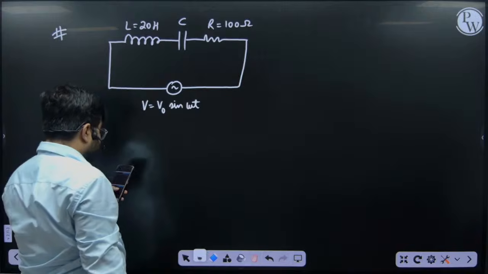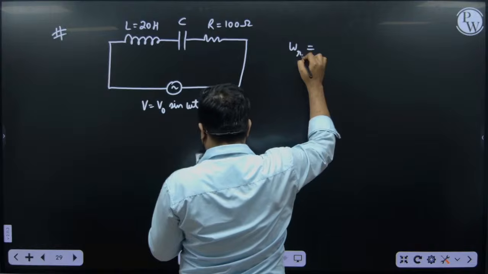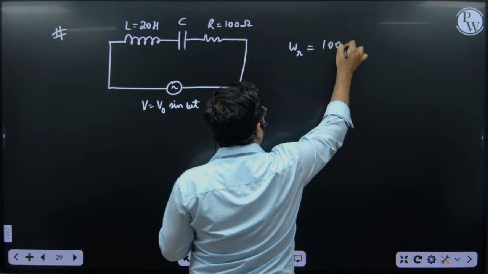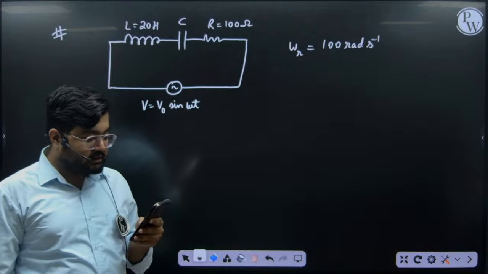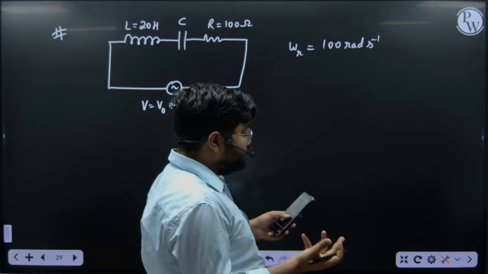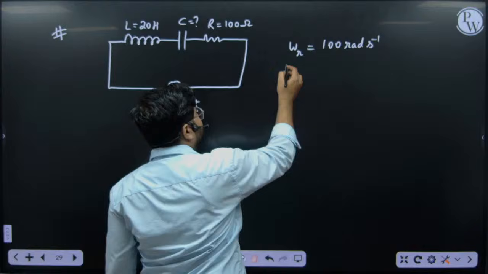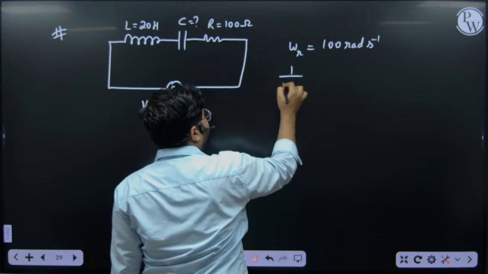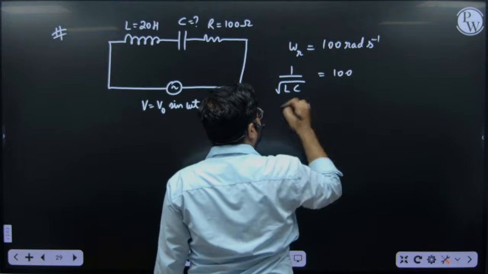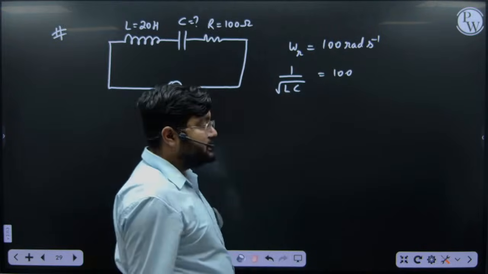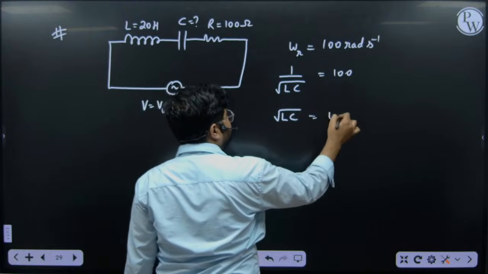And they have given us that the resonance frequency is 100 radian per second. And we have to find C. It's very simple. We know resonant frequency is 1 by root LC. This will be 100. Now we just need to solve and get the value of C. So root LC becomes 10 to the power minus 2.